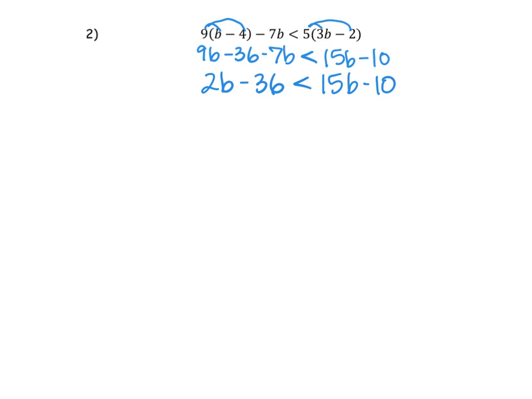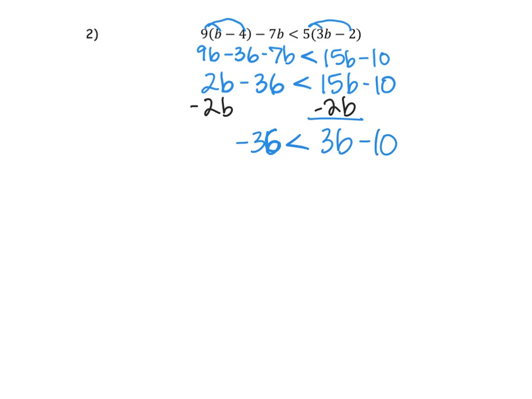All right, so let's get our b's together. Let's get our variables together. Right now, I have a 2 and I have a 15. Since the 2 is smaller, that's what I'm going to subtract on both sides. 15 take away 2 is 13b, and then I keep the minus 10. I know that I've got a 36, so let's get the 10 over with the 36.